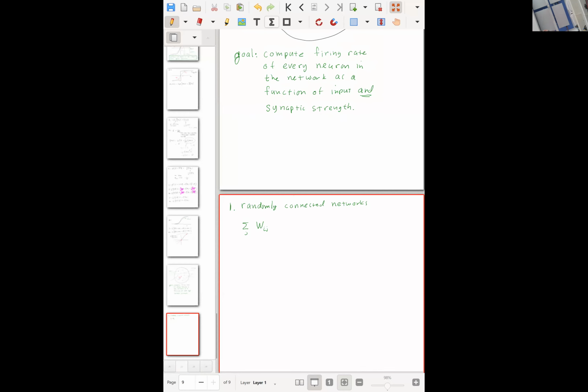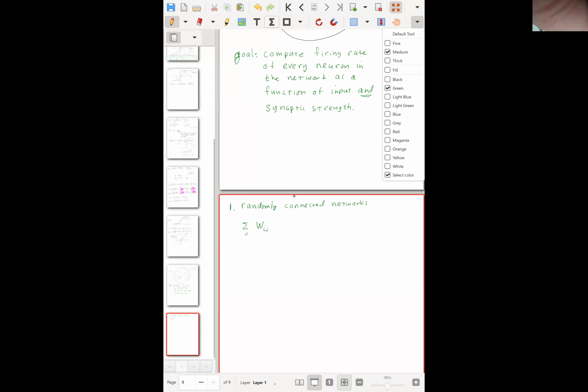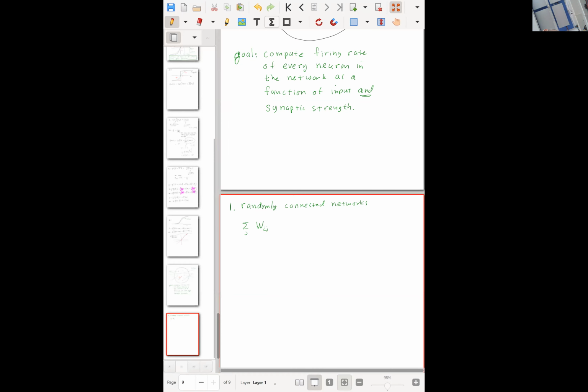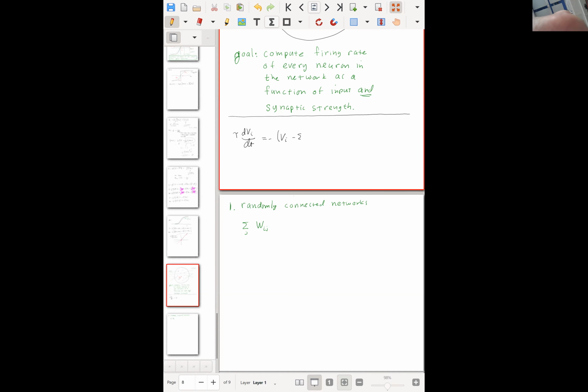We started with a fundamental set of equations: tau dVi/dt equals minus (Vi minus E leak) plus the sum on j of Gj(t). And Gj(t) is just nu j, the average firing rate, plus temporal fluctuations.